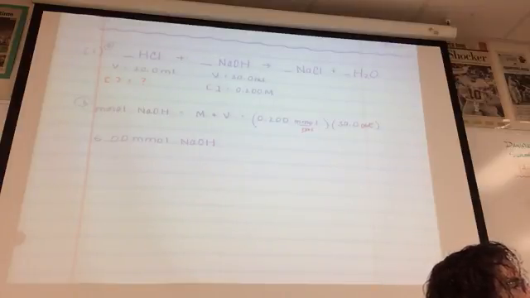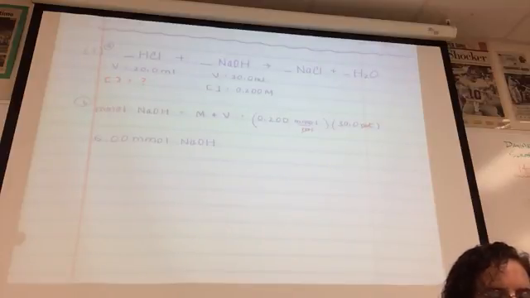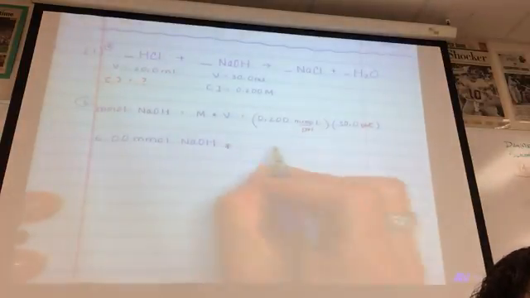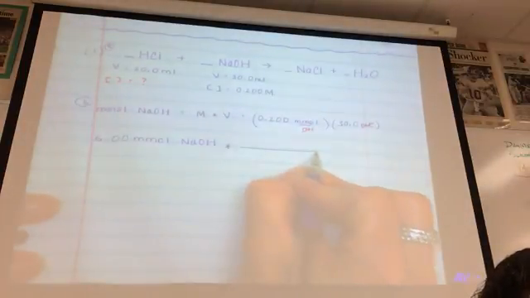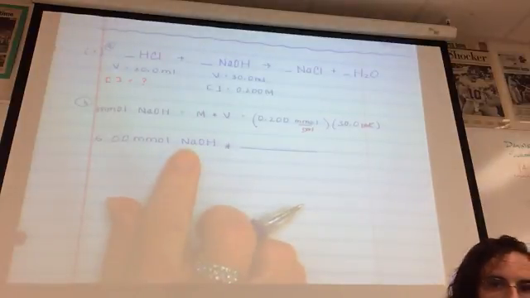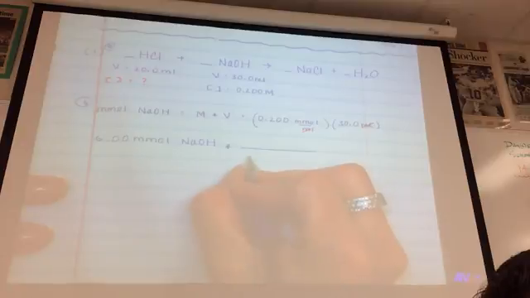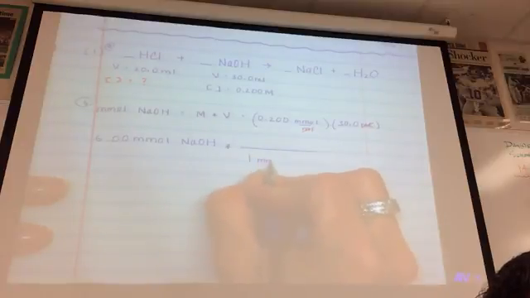Step C says calculate the number of moles or millimoles of the other substance using stoichiometry. So, from the balanced chemical equation now, we can go from millimoles of base to millimoles of the acid. This is a 1-to-1 mole ratio. You can just use millimoles.